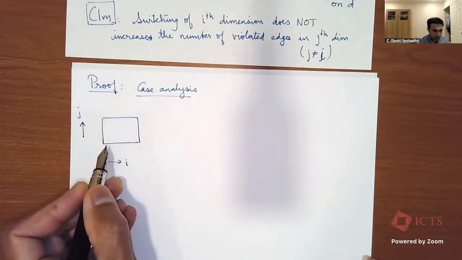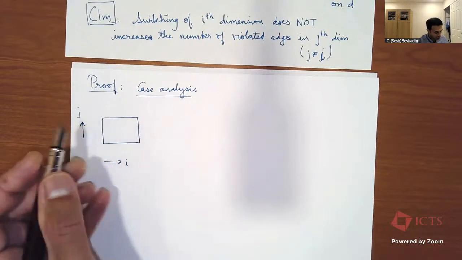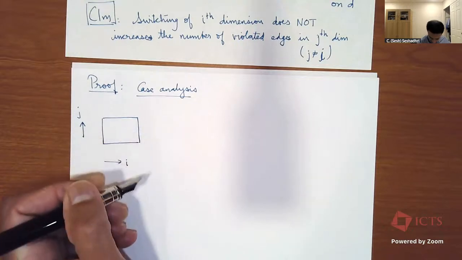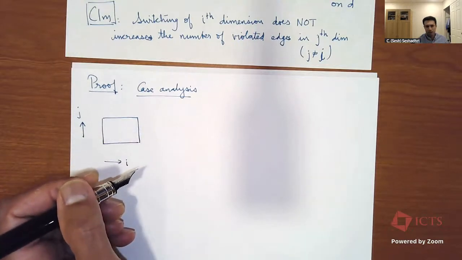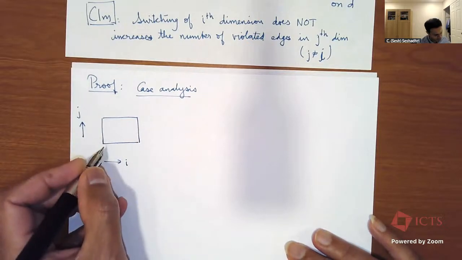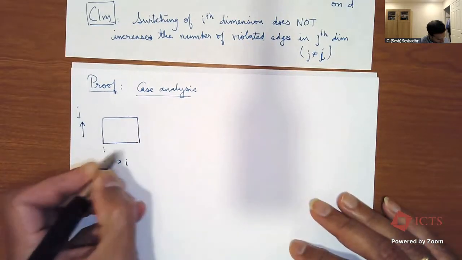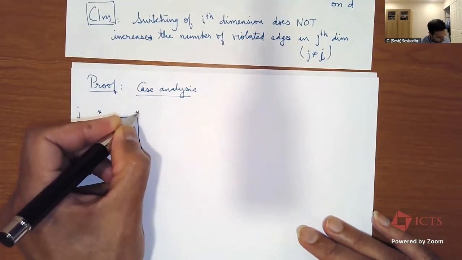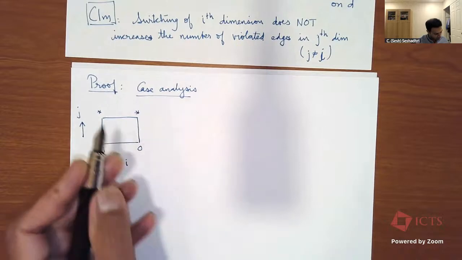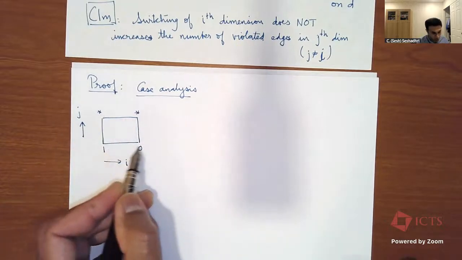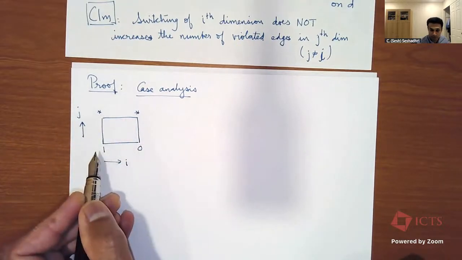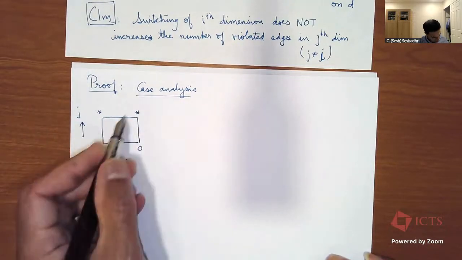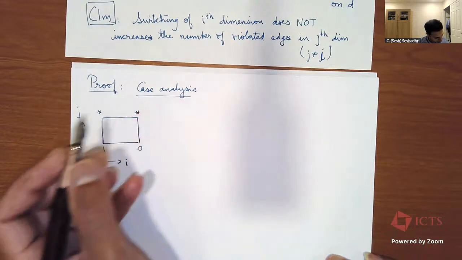So we're asking: if we switch in the ith direction, could we introduce a violation in the jth dimension? You draw out the case analysis, and I'll draw a few cases. Suppose this is a 1, 0, and I don't know what these are. For all possible values here, I'll show you that when I switch on this dimension, I am never going to increase violations in the other dimensions. So there are basically 4 situations to draw out.